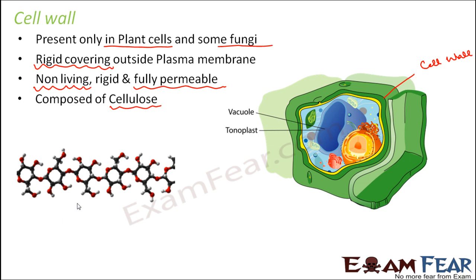Another important thing is, this is one of the most abundant polymers on earth. That is why you see a lot of plants, and their cell walls are made up of cellulose. Now you can relate it to that. While talking about the digestive system, I told you that it is easier to digest flesh than to digest plants. That is because in plants, each and every cell wall is made up of cellulose.